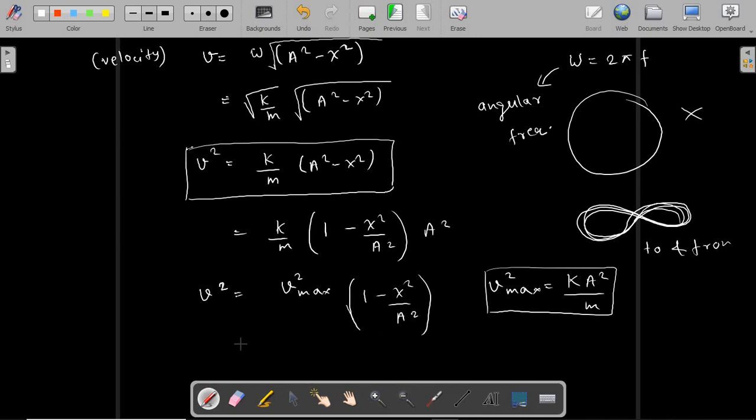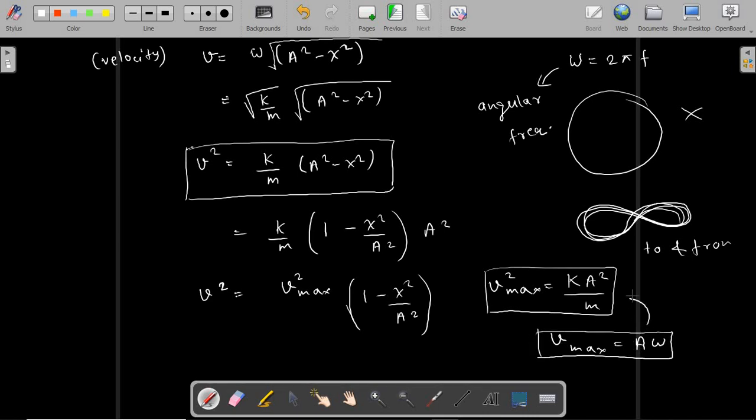Yes, you can write it like that. Or you should say v max is equal to a omega. Always remember that, a omega.